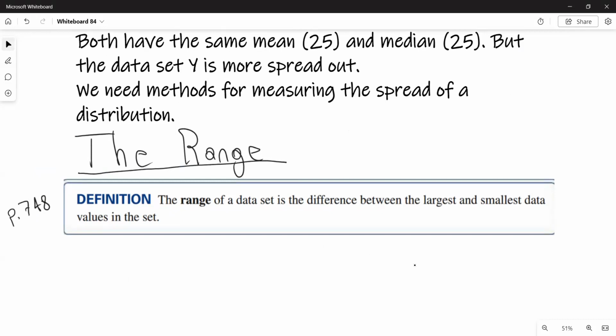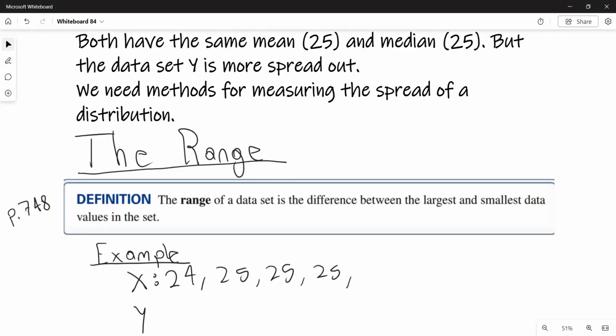For the examples that we did, with set X and set Y, the values of set X are 24, 25, 25, 25, 25, and 26. And the values in set Y are 1, 2, 3, 47, 48, and 49.